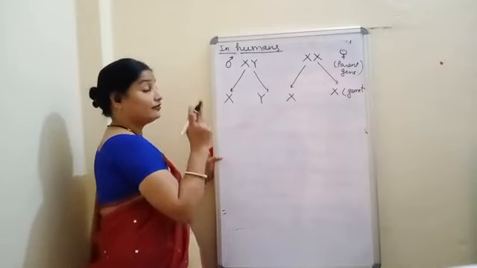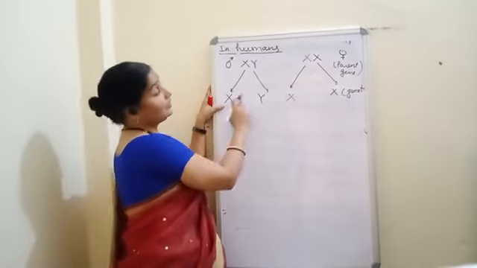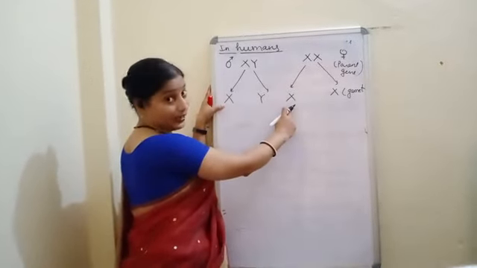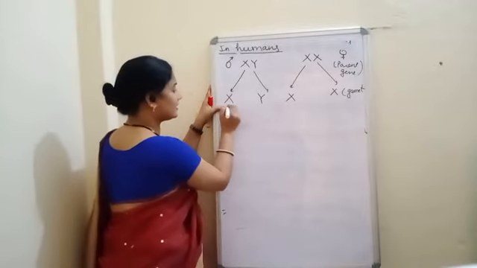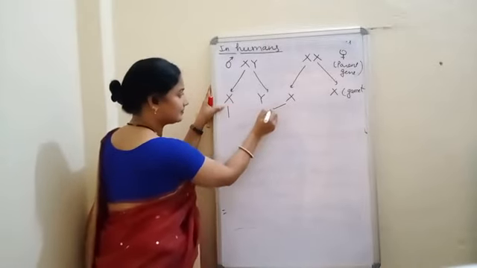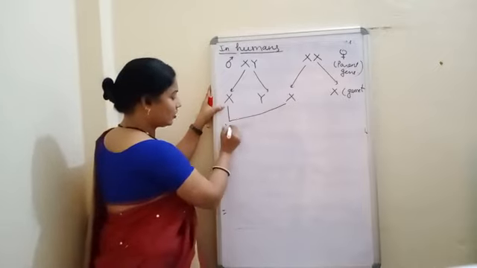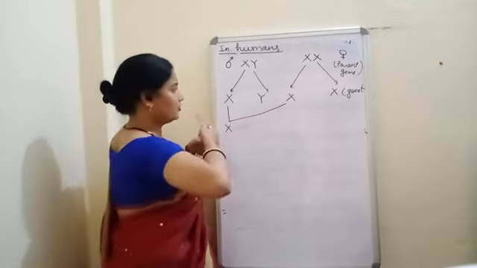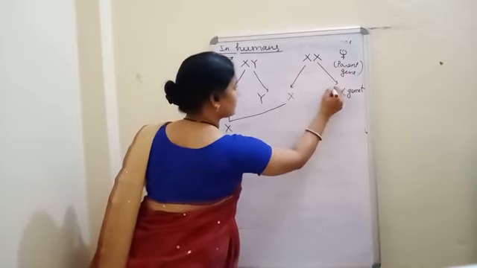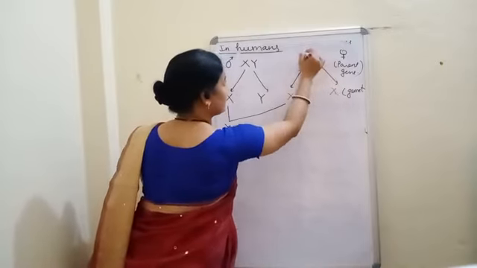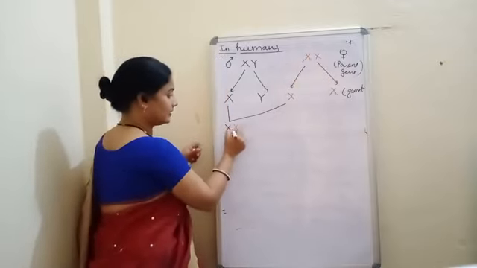Now suppose in the first case, the X chromosome of a male is crossed with the X chromosome of the female. Then what will be the result? Now I am crossing like this. X of the male with the female. What will be the result?